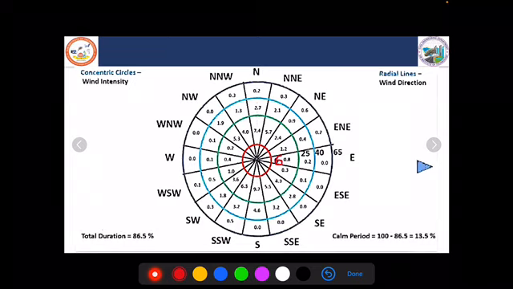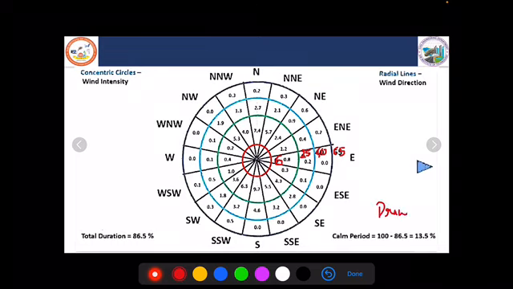For example, the red line indicates an intensity of 6 kmph, green 25 kmph, the next line 40, and here 65 kmph. Please note that when we draw the concentric circles, they have to be drawn to some scale.